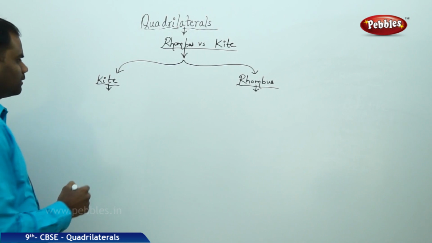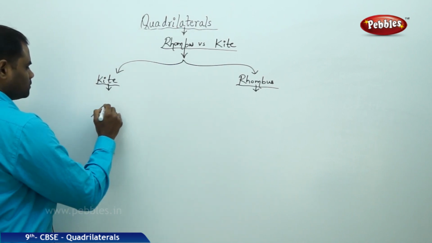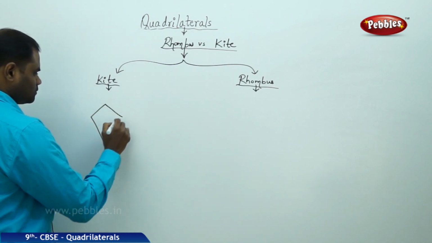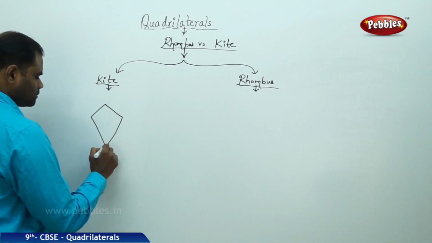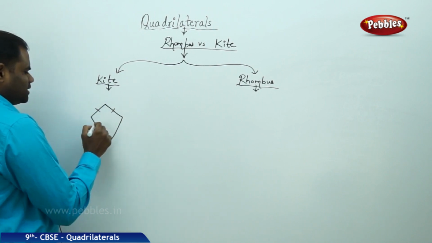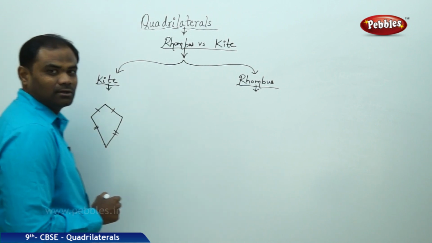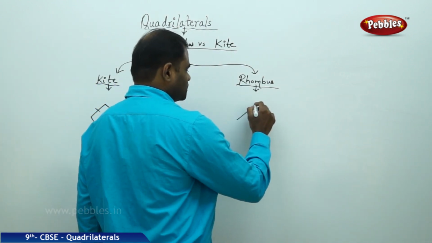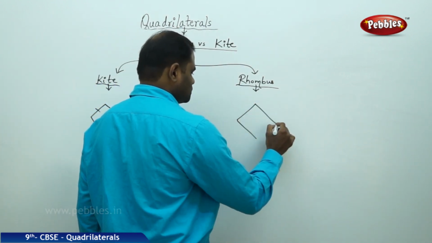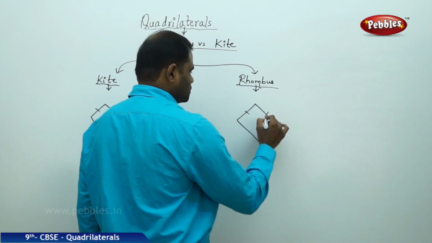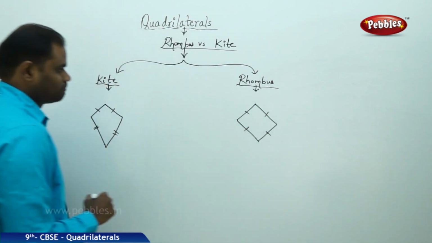Here I have a kite whose adjacent sides are equal, and here I have a rhombus whose all sides are equal.